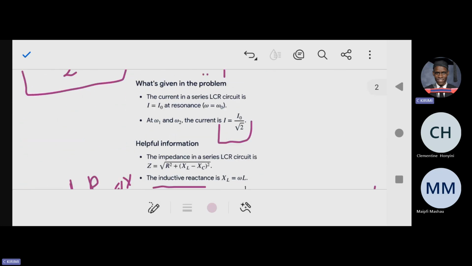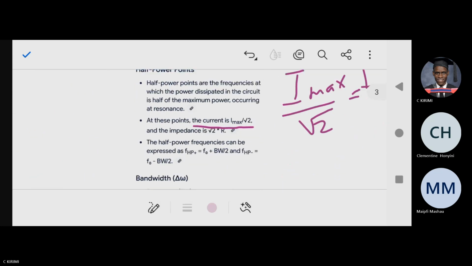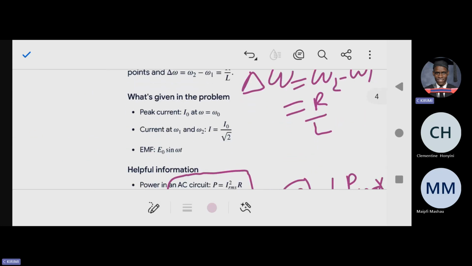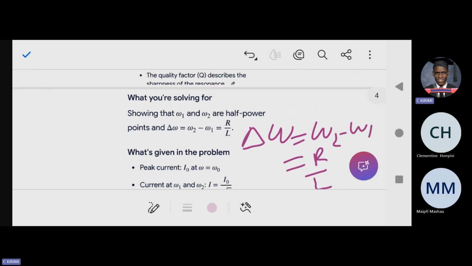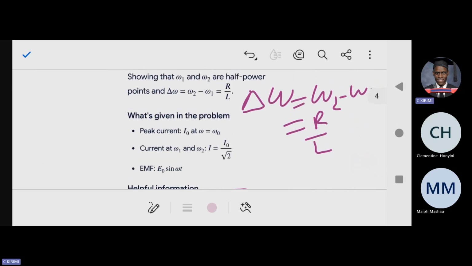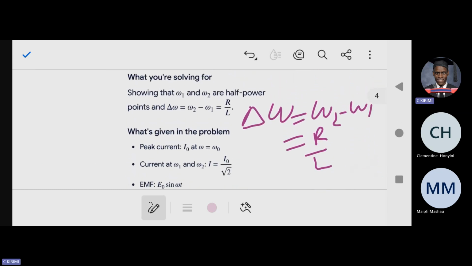So let's work this one out. That's what we are trying to solve here. The peak current I naught at omega naught was given in the problem. This information is given.